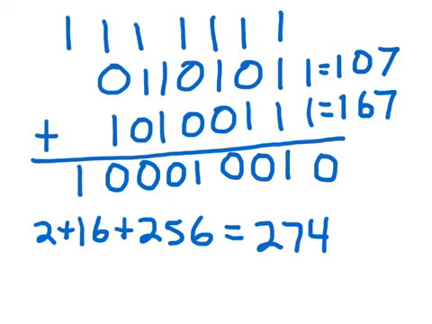So let's just recap one more time. Whenever you add two binary numbers together, there's only so many possibilities. If there are all zeros in a column, such as this, you just drop down the 0. If there is only a single 1 in the column, then you drop down the 1.